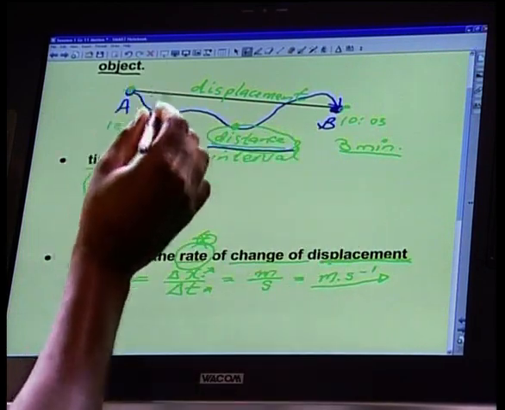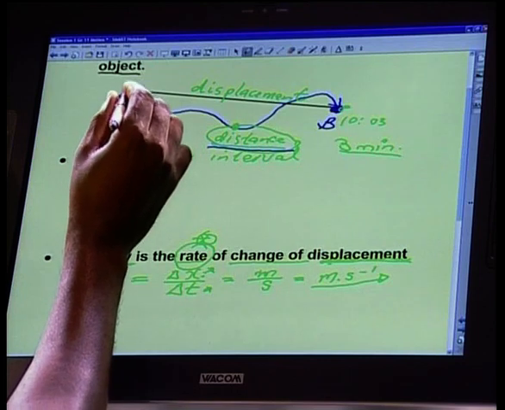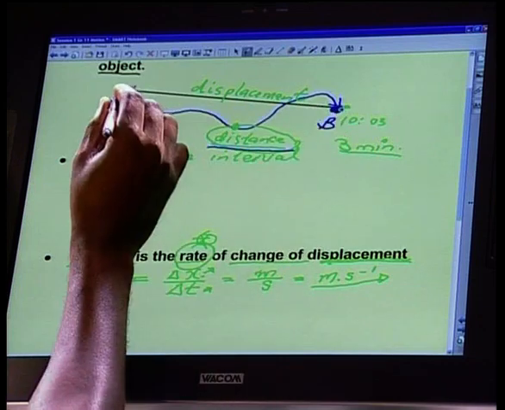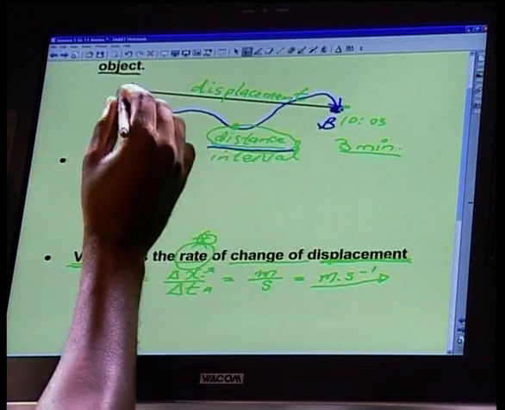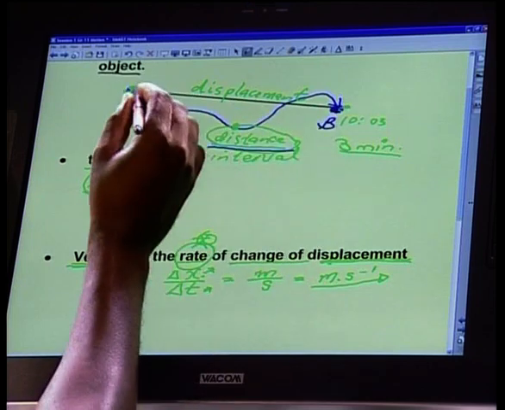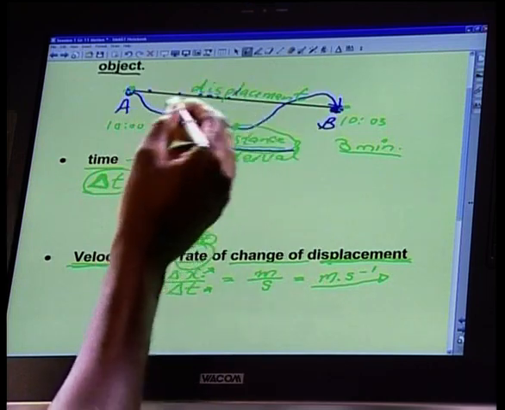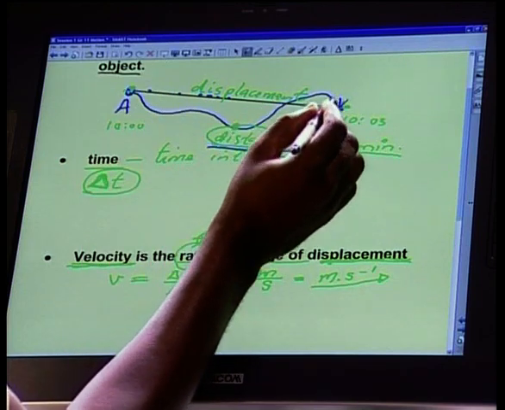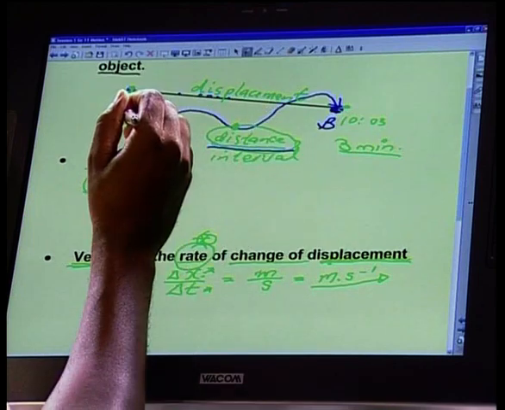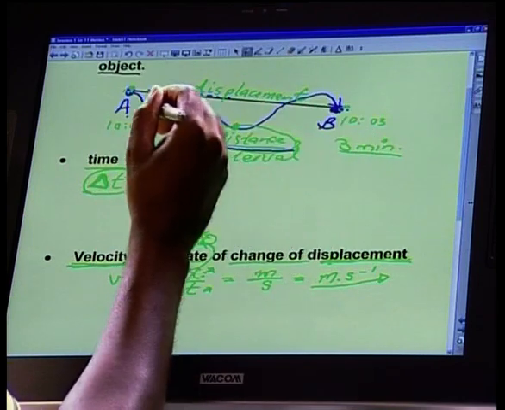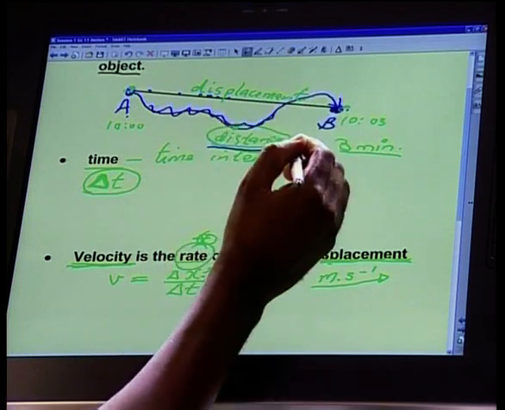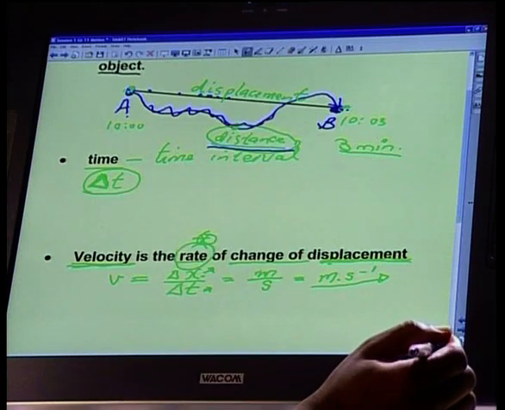You'll remember I said the object is changing its position from position A to position B, and that change in position is called displacement. But the path that the object followed as it changed its position from A to B is called the distance.